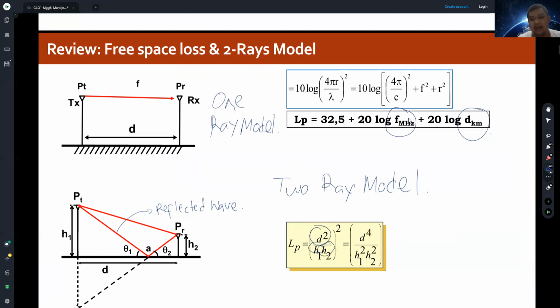Either H1 is the height of the transmitter or receiver, it's up to you. Actually, it's not much different. However, the loss itself is not affected by the frequency. It is affected by the distance and also the height of the transmitter and the receiver.